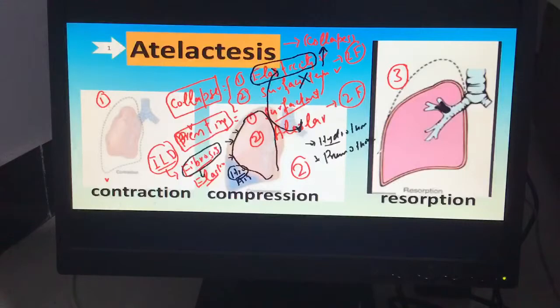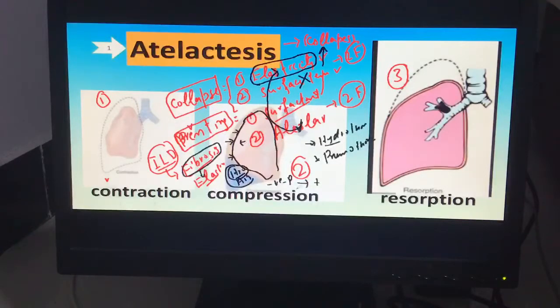First, we try to understand why this collapse happens. It is due to excessive water and air inside the pleural cavity. Normally the pleural cavity has negative pressure, a suction pressure that helps lung expansion.